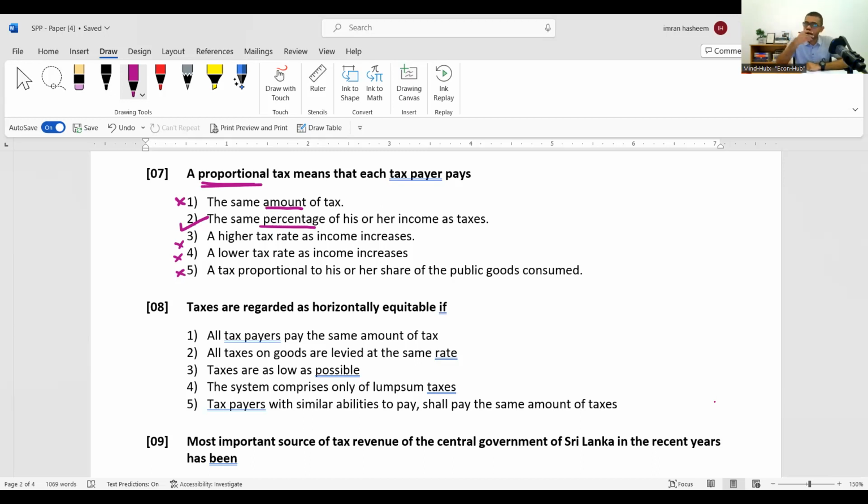What is the other form of equity? One is horizontal equity. What is the other concept that should be fulfilled? Vertical equity. Yes. What is vertical equity? People at different income levels with different ability to pay taxes should be charged different rates. That's vertical equity: horizontal, vertical equity.